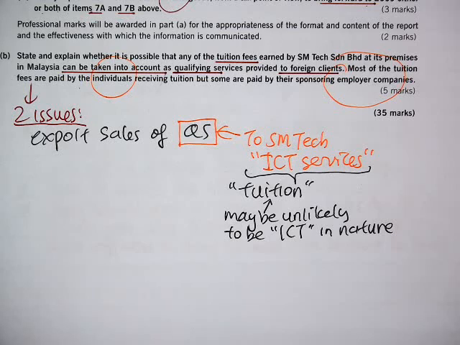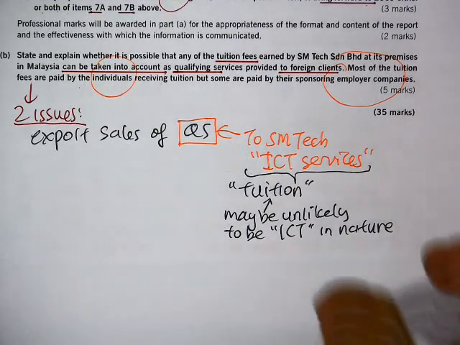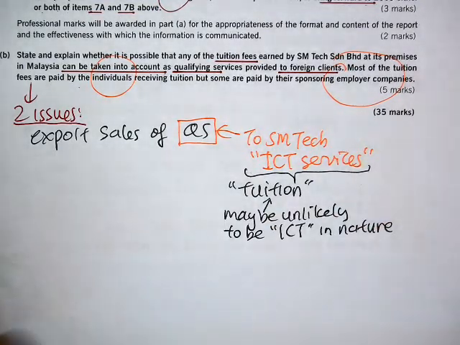So unless you can put it in such a way that the training is incidental to the ICT that you provide. But if this kind of tuition that you provide is a very normal kind of tuition which stands alone by itself and has nothing to do with all those services you provide to the client, then it's very hard to put a link at it. If there's no link, then you cannot call that as your exports of qualifying service. Okay, so this is one issue.